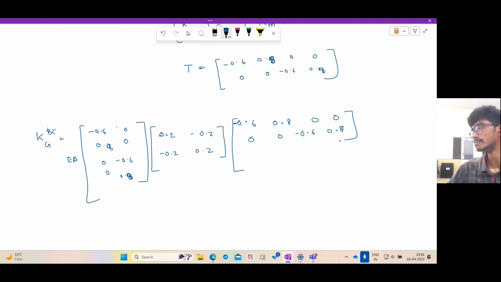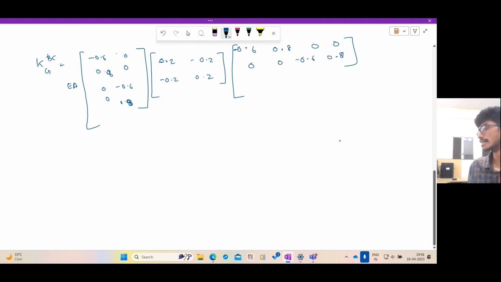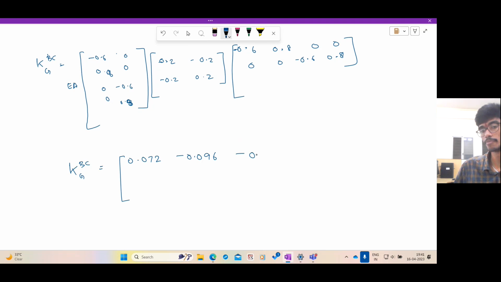You do this multiplication and you can use any calculator. You will get KGBC to be equal to 0.072, minus 0.096, minus 0.072, 0.096, and minus 0.096, 0.128, 0.096, minus 0.128.